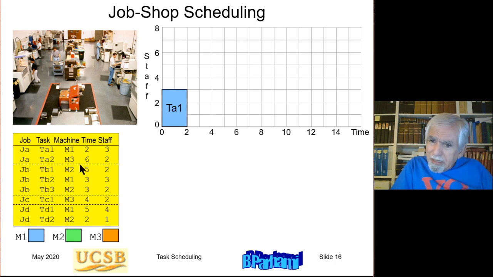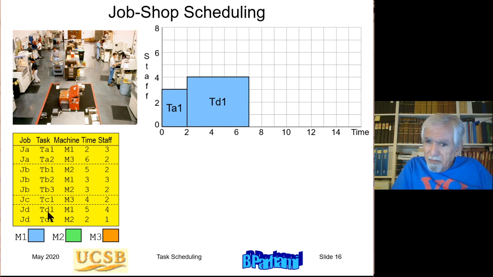Now anything else that needs to use machine 1, like this one or this one, cannot be done during those 2 time units, because machine 1 is occupied during those 2 time units with this particular task. So those are constraints. Okay, a machine can be used on one task at any given time.